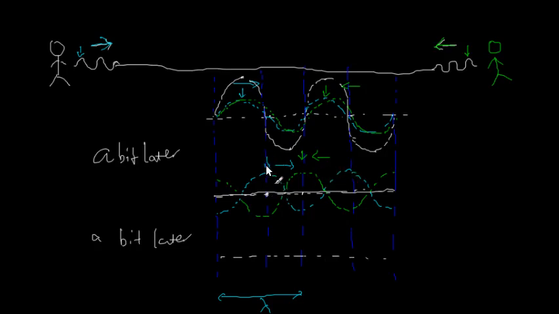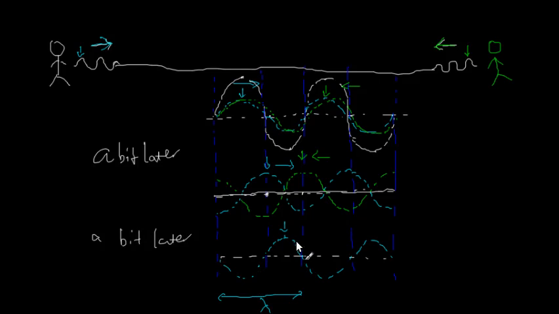I'm following this peak, and after another quarter of a wavelength, it would have moved there. That's where the blue peak would be. So I'll try to draw the whole wave around here.